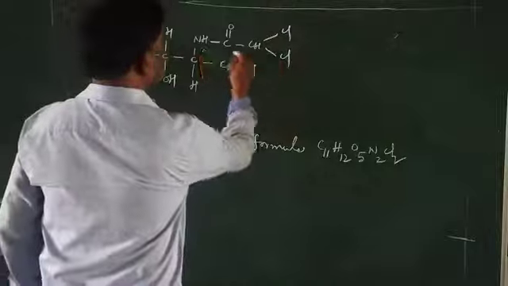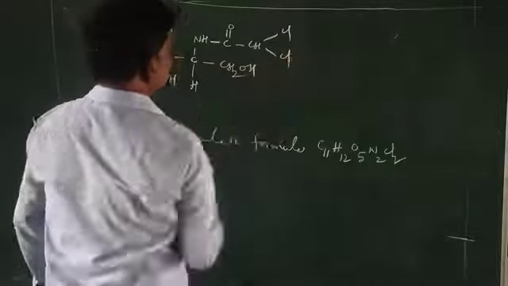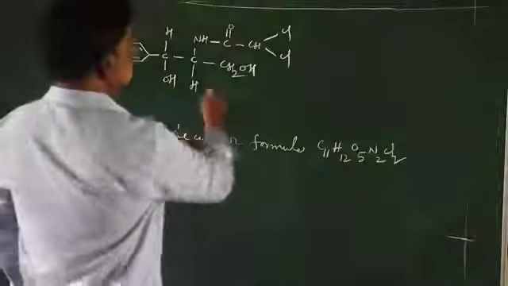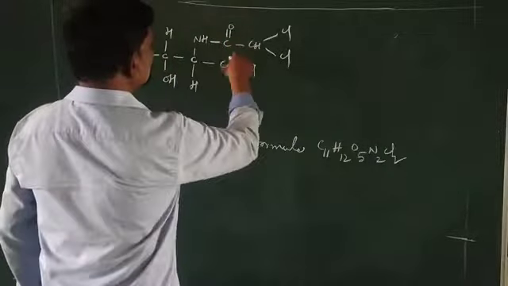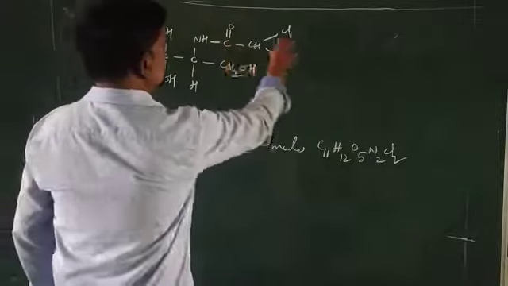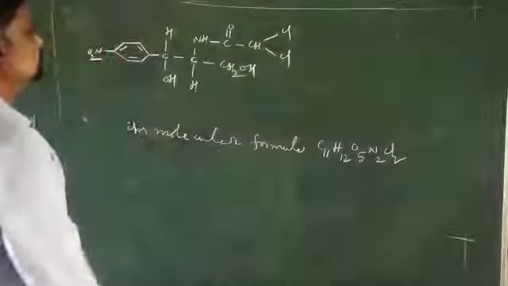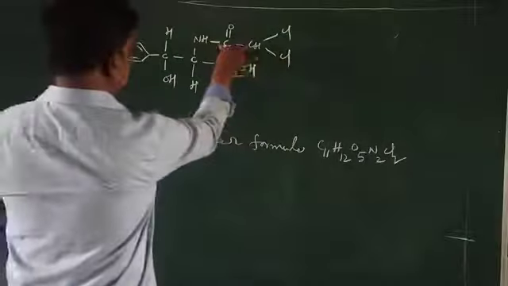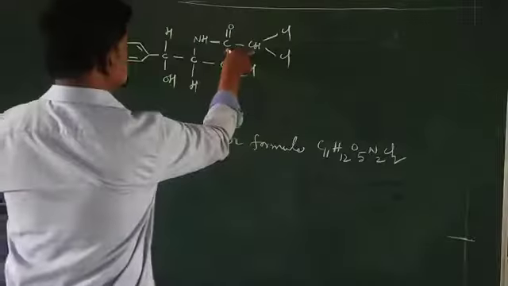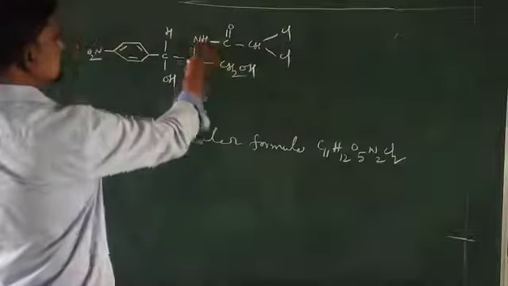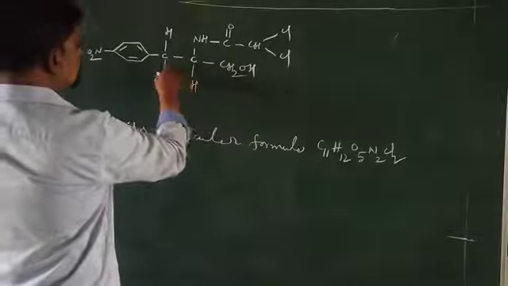Here this portion is the main suffix. That means amide, dichloro. That means dichloroacetamide. So in the main suffix portion, N is connected to the carbon. You go in this way or in this way.